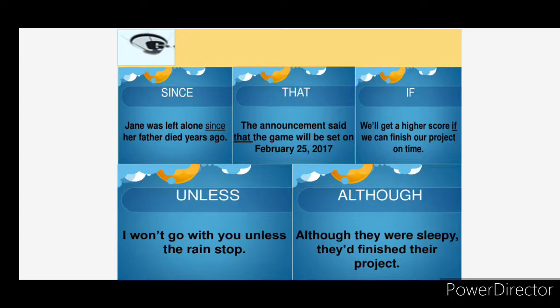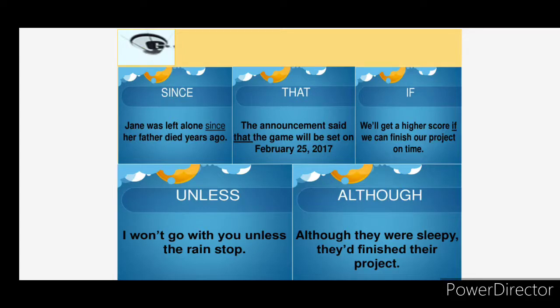Now let's have a look at these examples. So you all can see the subordinating conjunctions are used to join two clauses. Let's begin with since. Jane was left alone since her father died years ago.